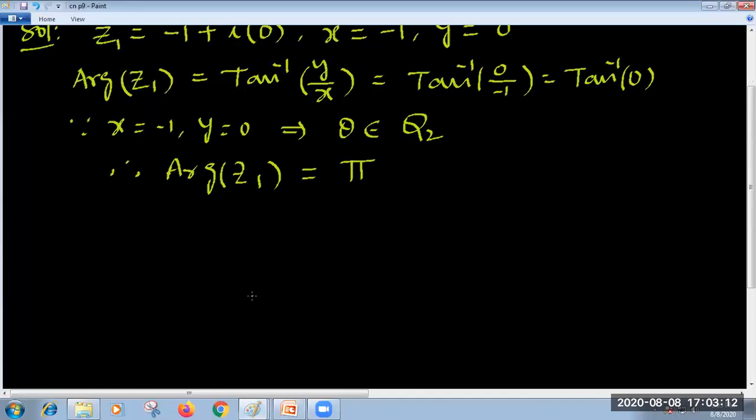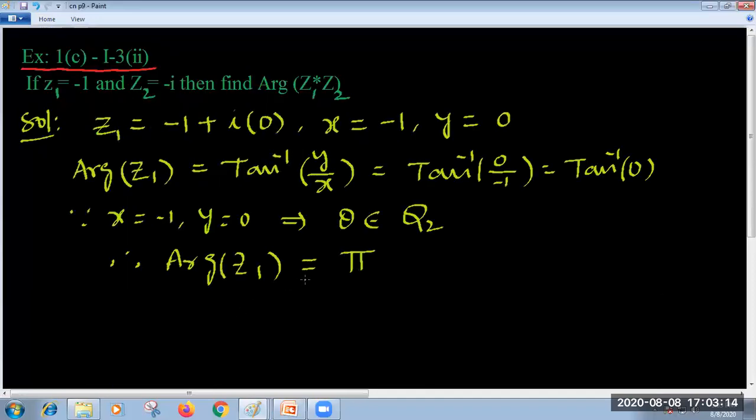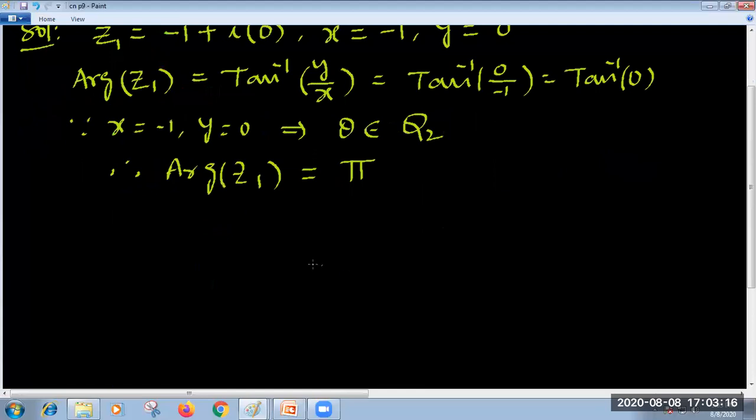Now we have to find argument z2, where z2 is equal to -i. Let us take the second number, that is minus i. There is no real part, so take the real part as 0, and minus i you write as i into minus 1.